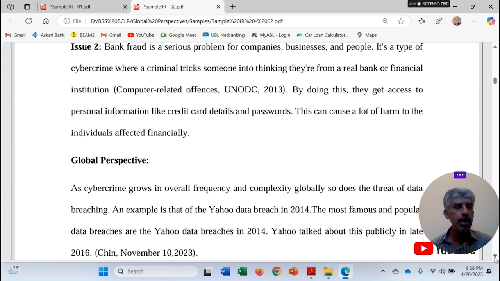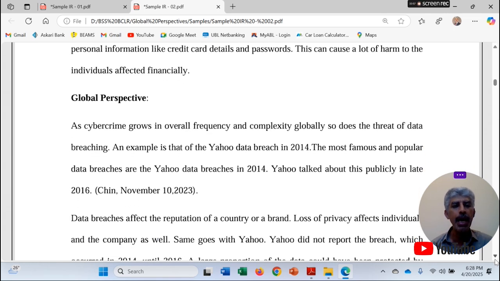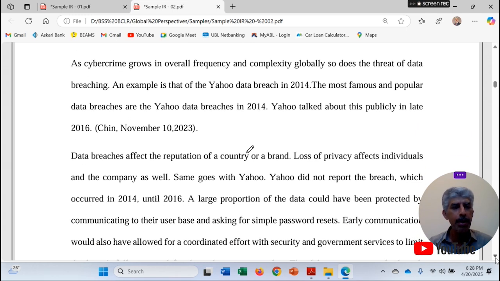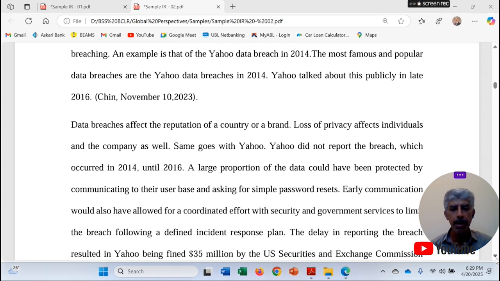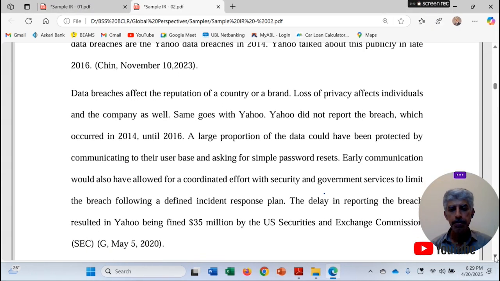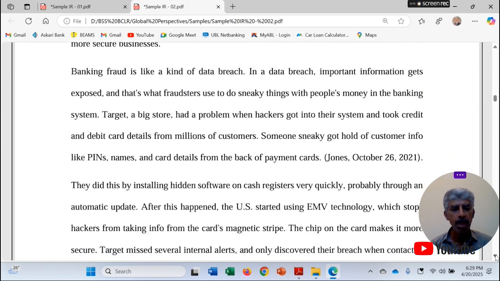So now the previous student had given the causes and consequences separately with separate headings, and then he drew the global perspective and national perspective over there. But you can also give the causes and consequences within the heading of the global perspective, as this student has done. So all the causes and consequences are explained within this heading, I mean the global perspective, and he explained it in quite a better way.